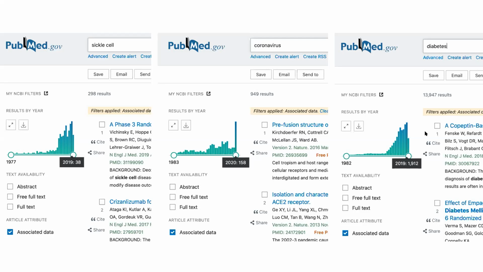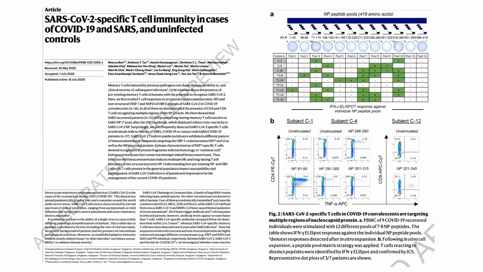The one produced new data, gave some new experimental results, or two is did not produce any new data, but it did either new analysis or new opinion. So here's the first article. It says SARS-CoV-2 specific T-cell immunity in cases of COVID-19 and SARS and uninfected controls.